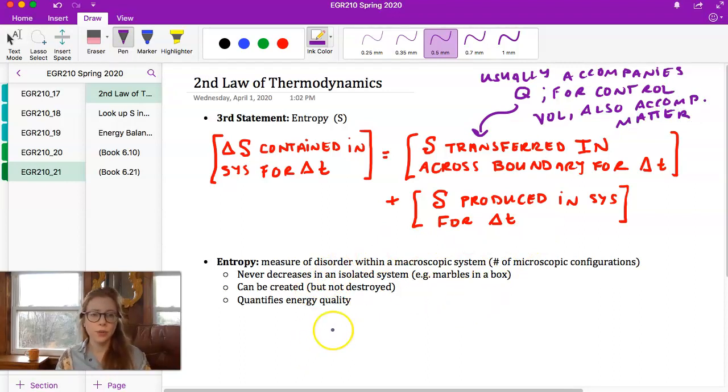Okay, so returning to our definition of entropy, entropy measures disorder within a macroscopic, so large scale system, and it also quantifies the number of microscopic configurations. So as has been said several times at this point, entropy never decreases in an isolated system.